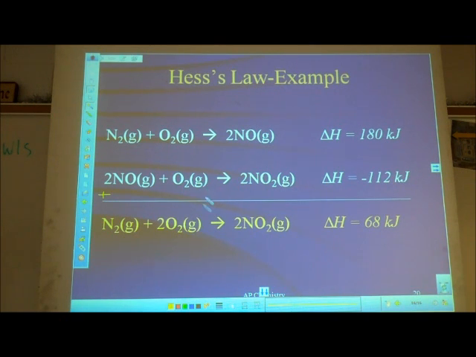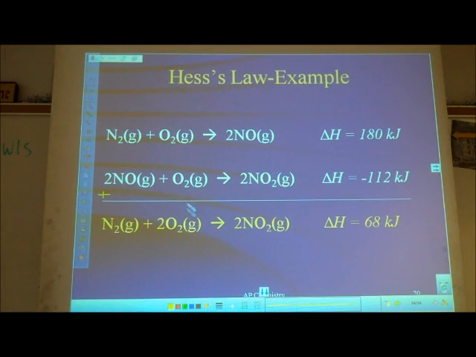If you are going to add reactions together, you can cancel out anything that occurs in identical form on opposite sides of the arrow. Do you see something I can get rid of? Okay, I cannot get rid of O2 because it's on the same side of the arrow, both on the left.